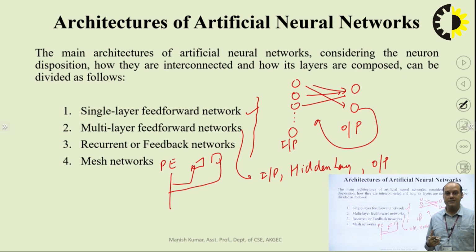For example, how will we come to know which network we have to use? This is the main problem that we have to find out: when to use what type of network. For a single layer, whenever our data set can be classified between positive and negative examples, we use a single layer feed forward network.